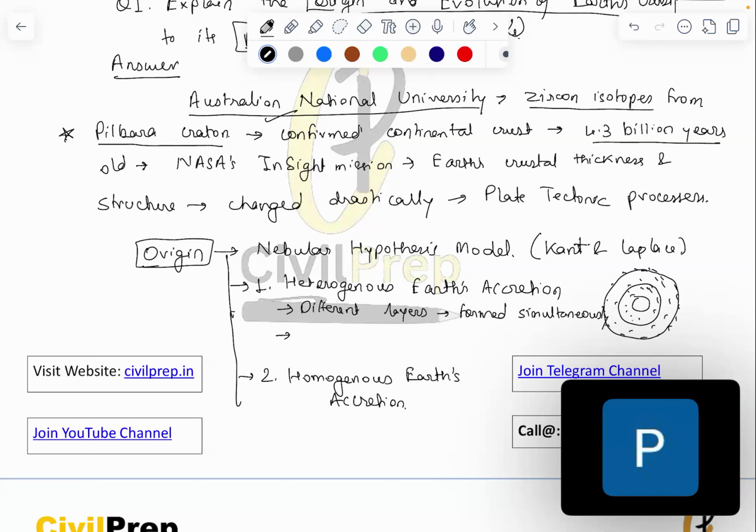So since the inception of the Earth, the crust did not undergo any kind of differentiation process, but it was formed of low density. Here we have two kinds of crust, continental crust and oceanic crust.